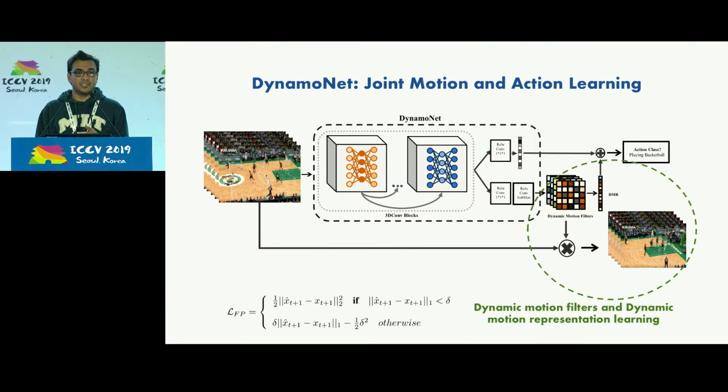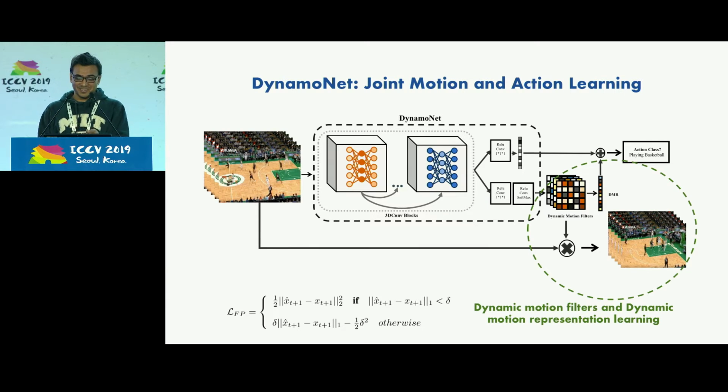When I say Huber loss, basically when you're trying to predict the future, you compare t and t plus 1, such that t plus 1 is compared with t plus 2, t plus 2 compared with t plus 3, and this way you can learn the motion representation by predicting the future frames, and that's what we show in this diagram.